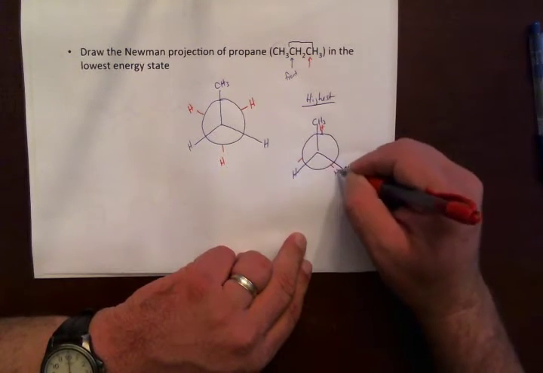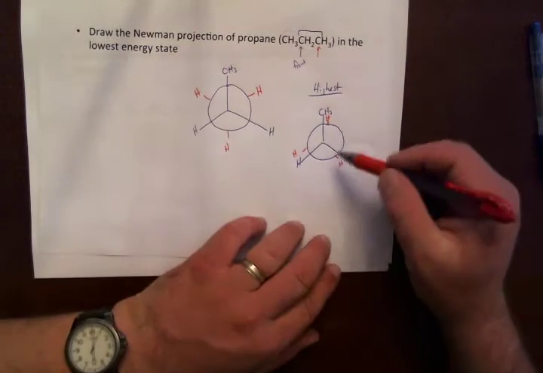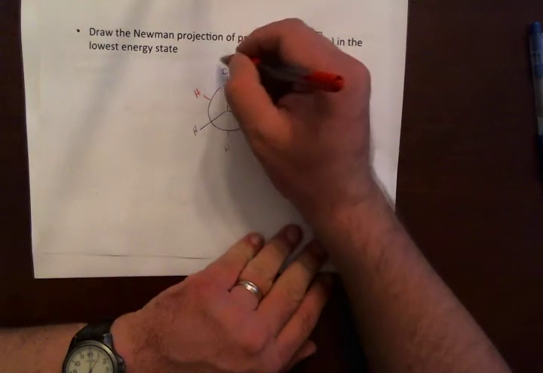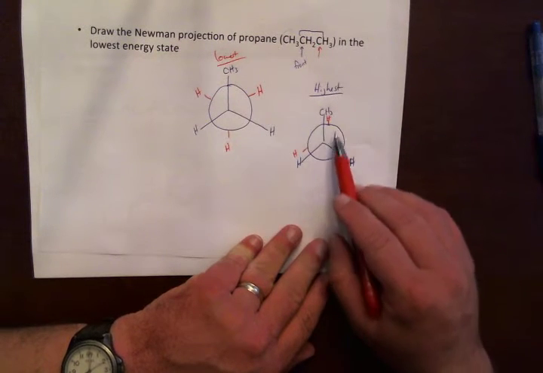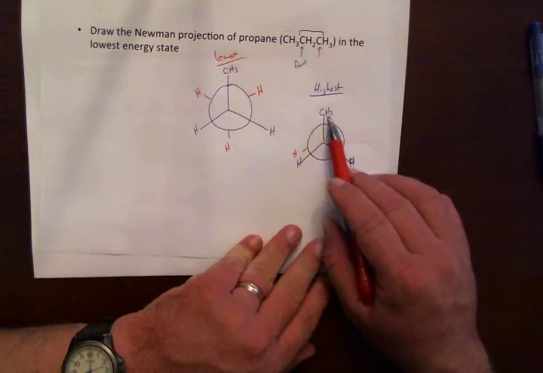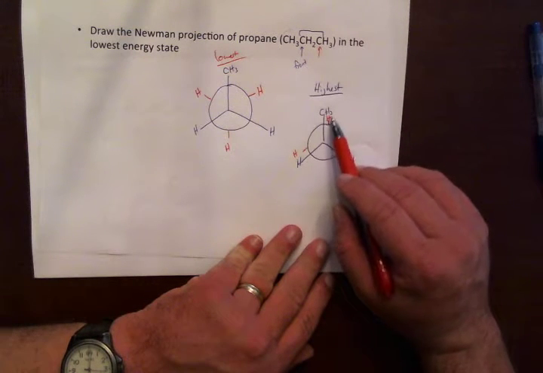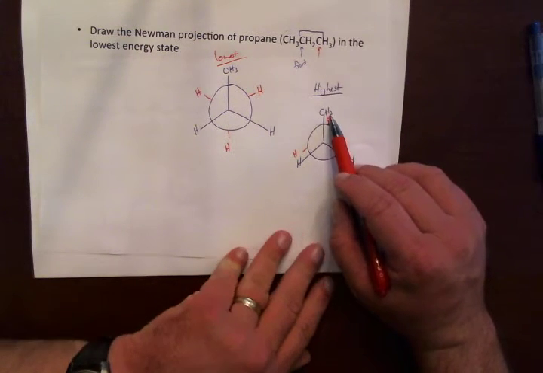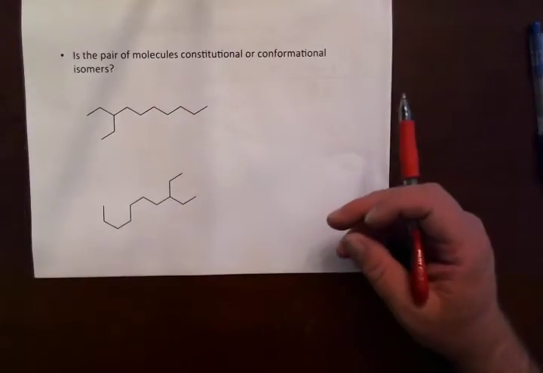You want the ones in the back directly on top of the ones in front. The highest energy is where the big things are eclipsing each other. If you had a chlorine on the back carbon, you'd want those big groups eclipsing each other. But for this one, that's fine.